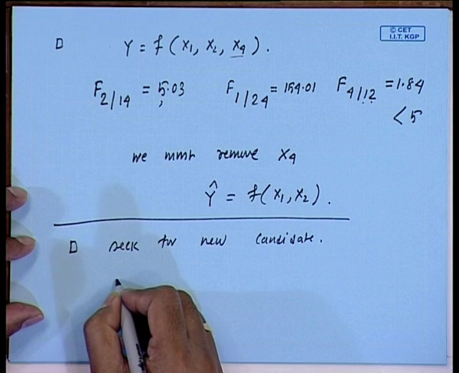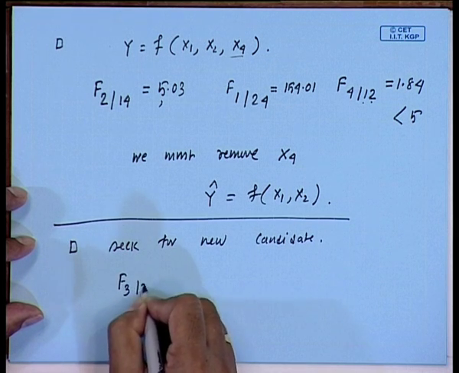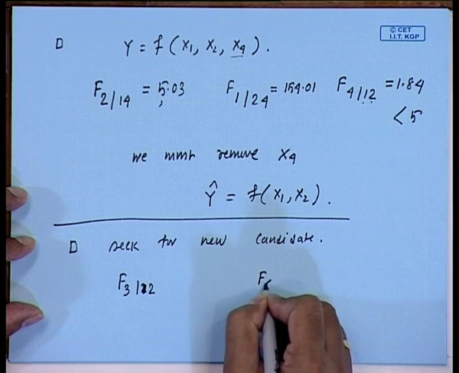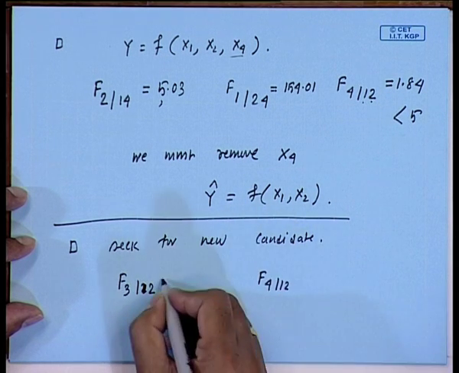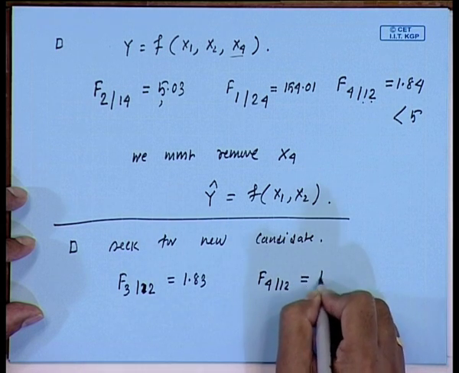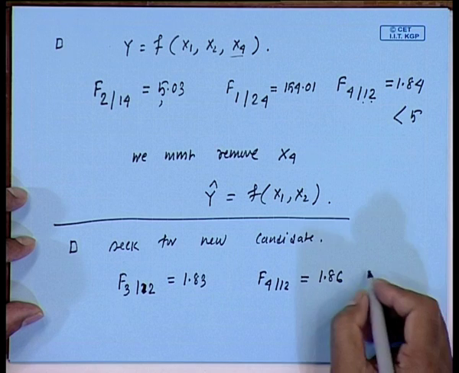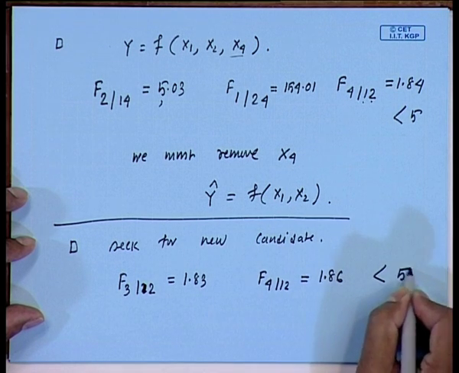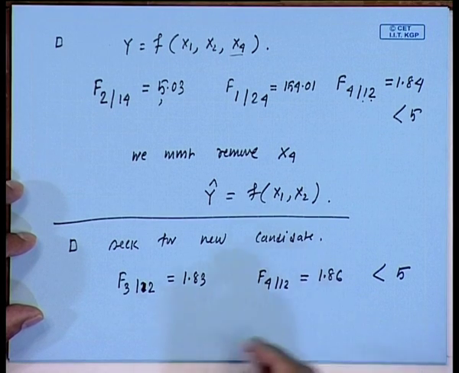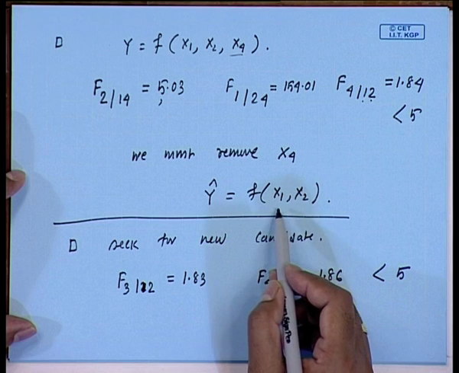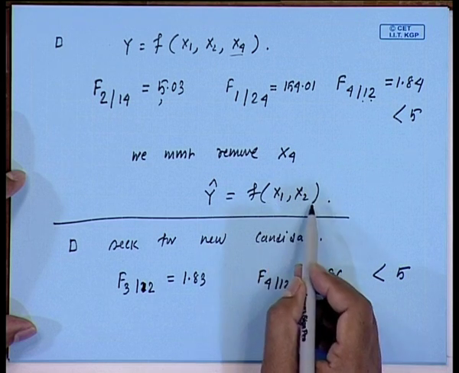So, for that we compute f 3 1 2 and we compute f 4 1 2, these values are 1.83 and 1.86, you can check from my table and both are less than 5. So, we can't include any more regressor in the existing model which involves x 1 and x 2.